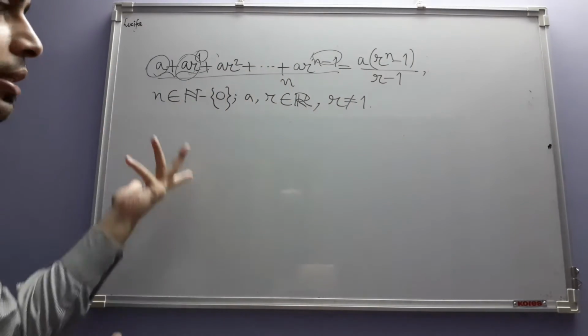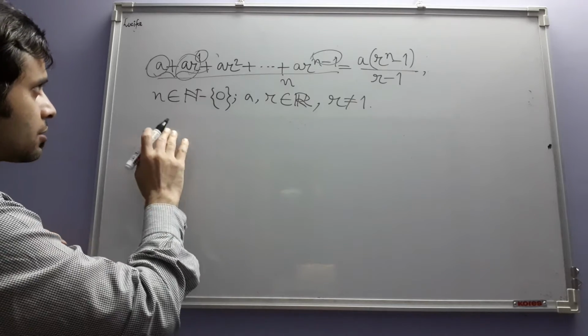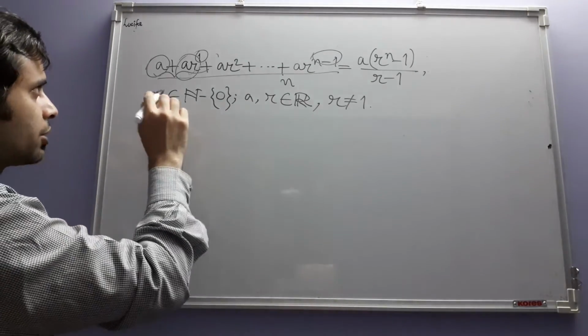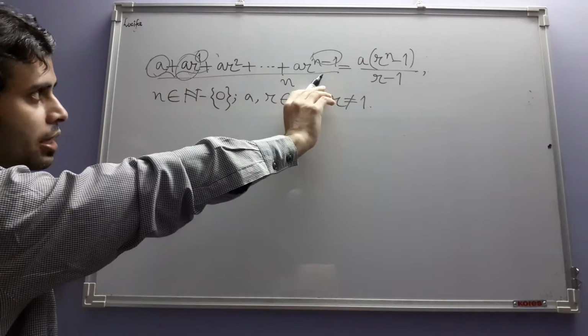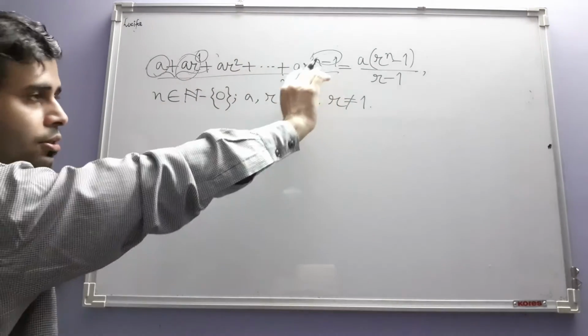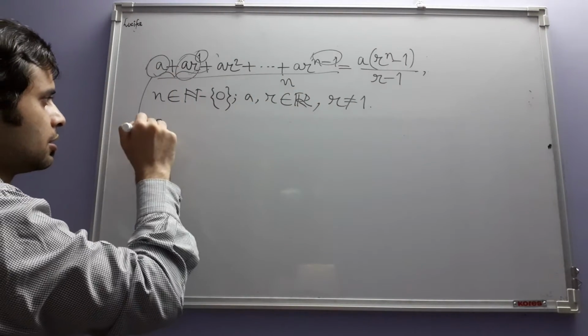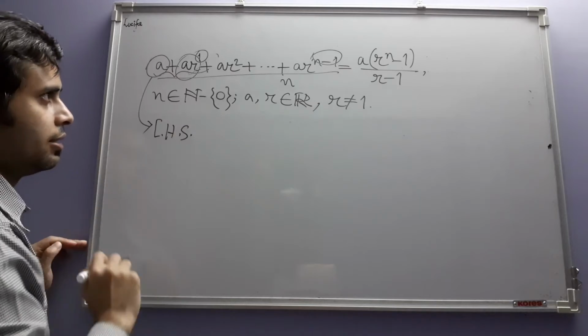Okay, technique is same. You first show that the result is true for n equal to 1. For n equal to 1, how many terms are there in this expression on the left hand side? One term, which is a. This is the left hand side.